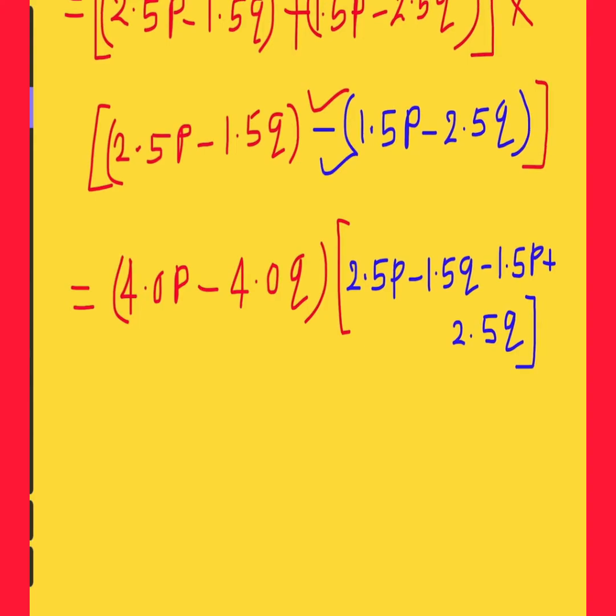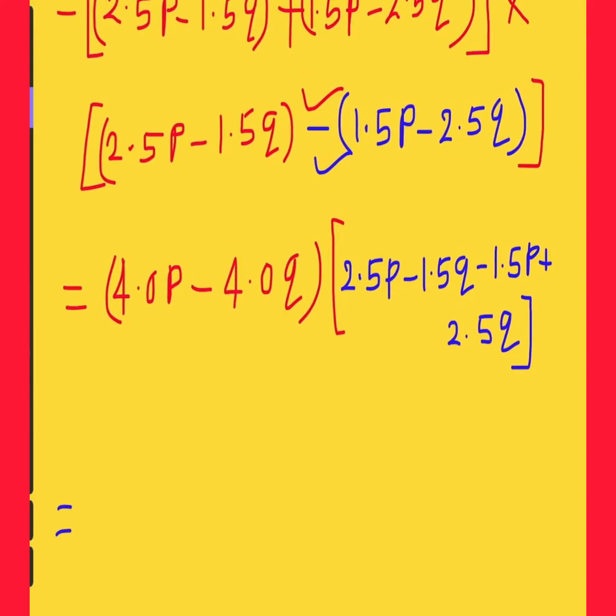After that in the next step, 4 is common here, so you take 4 as common, 0 is meaningless, so 4 is common and you will get (p − q) in the first bracket. And in the second bracket you can see 2.5p and here is minus 1.5p. You can combine only like terms p and p, so 2.5 minus 1.5 gives only 1p, so you can write only p, no need to write 1.